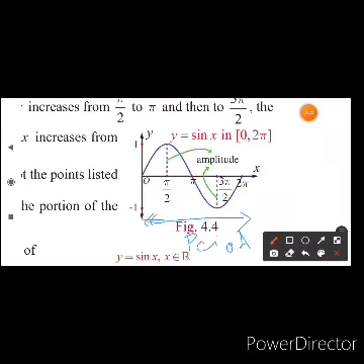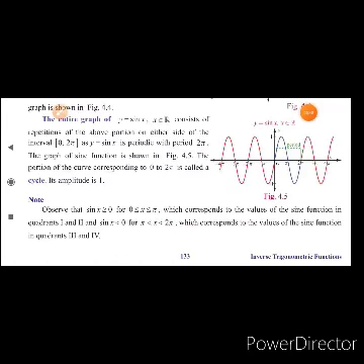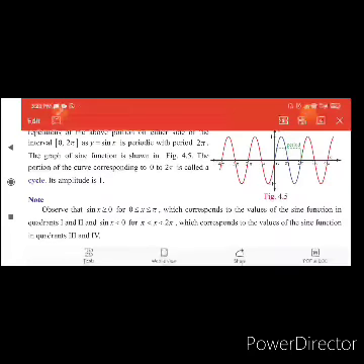My dears, this is the 0 to 2 pi curve, going through pi and 2 pi. This is the period, this is the amplitude, and 3 pi by 2, and so on. This 0 to 2 pi is called a cycle.